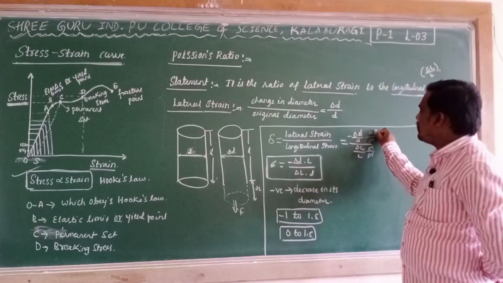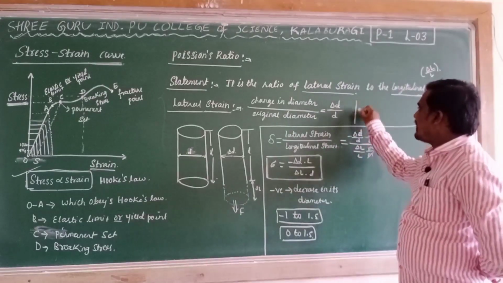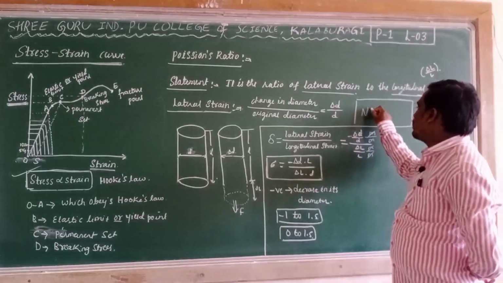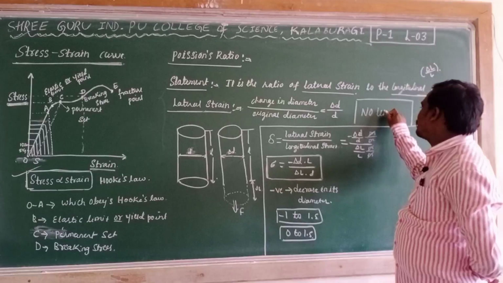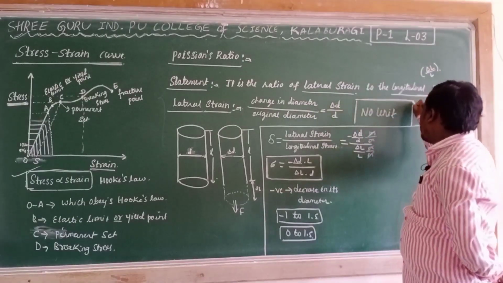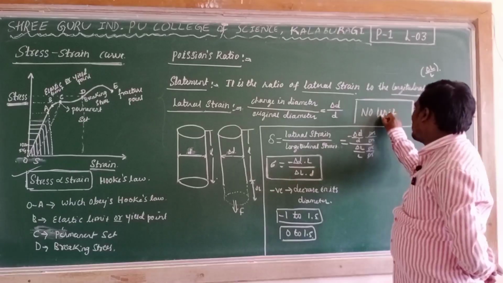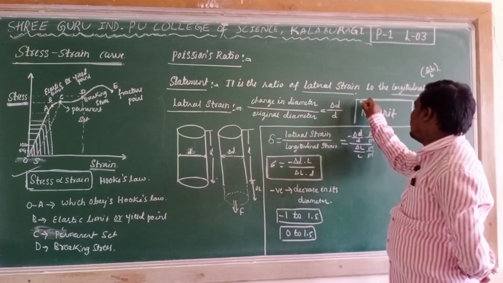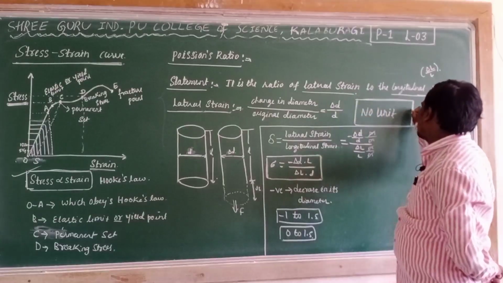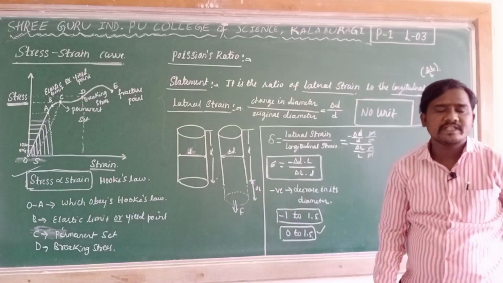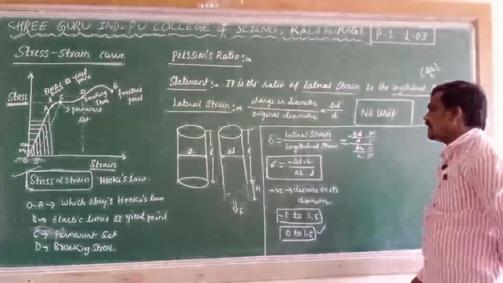These are going to cancel. We can say that Poisson's ratio has no unit. Also lateral strain or longitudinal strain, any type of strain does not have any units. It is nothing but a number.